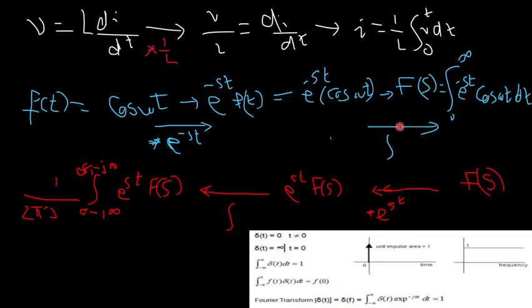In the Laplace transform, we need a function in the frequency domain. So by multiplying both sides by e to the minus st, we entered the frequency into the equation.